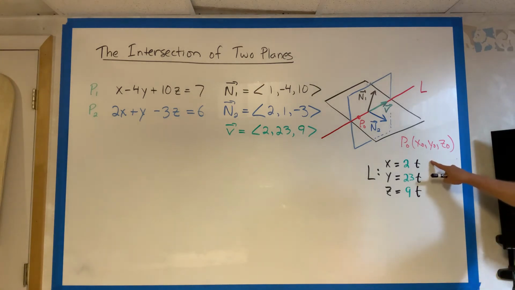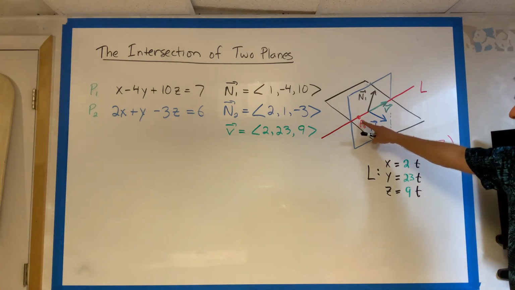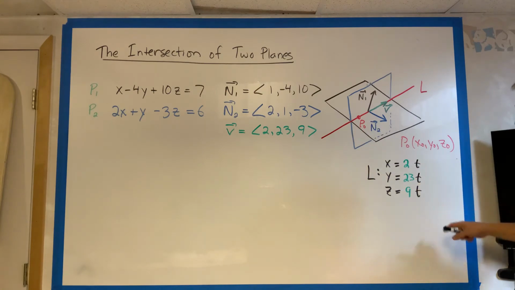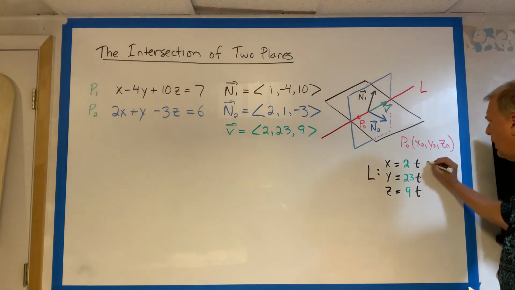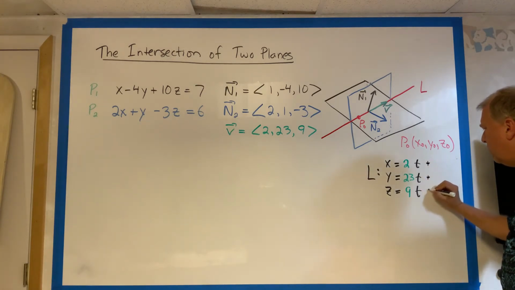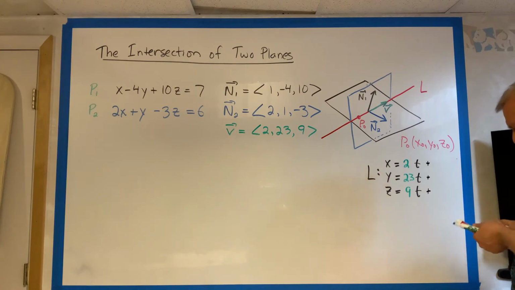What I need now is some point on the line to act as a base point of the line. But the problem is, I don't know a point that's naturally on the line, and I can't easily find it by inspection. So I want to add some point x naught, y naught, z naught that belongs to both planes.